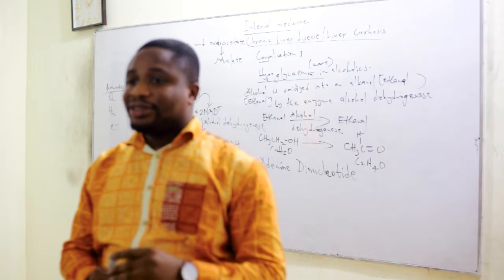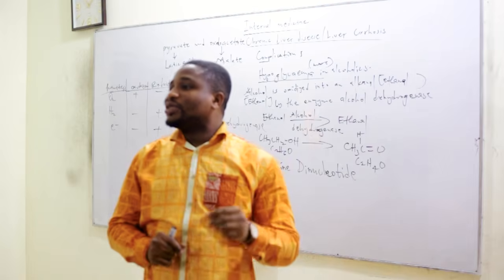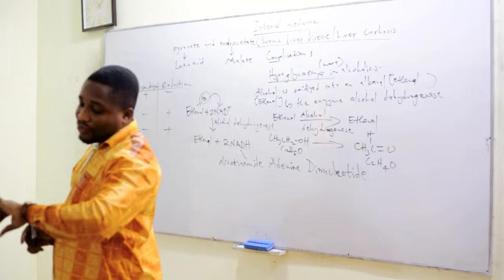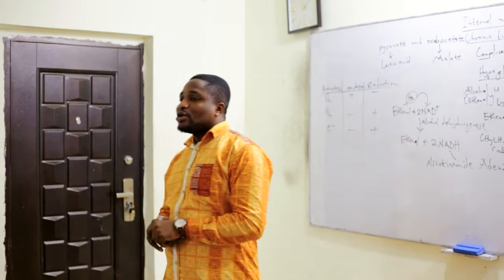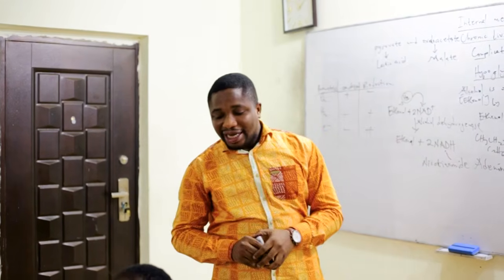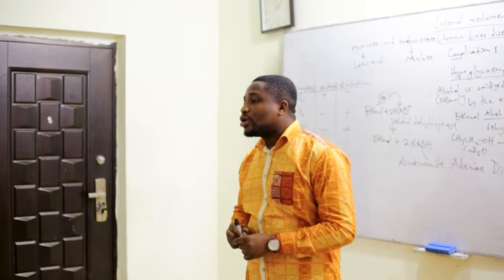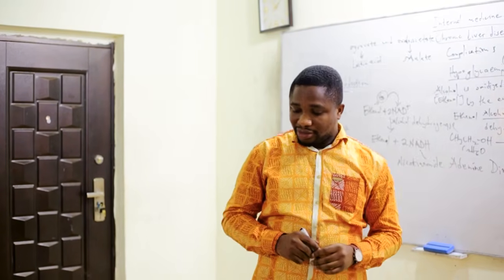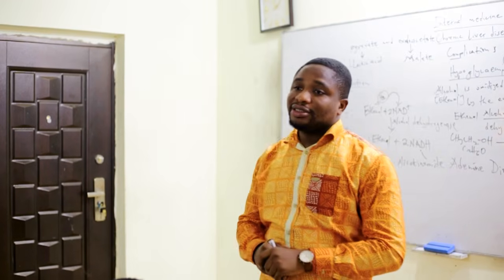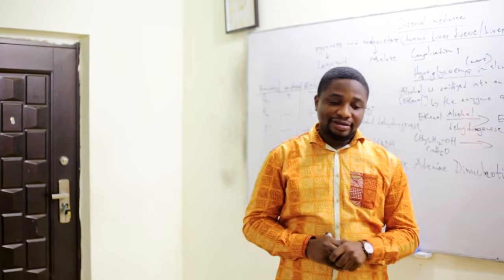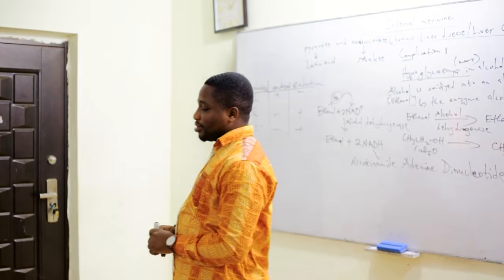Pyruvate and what? Oxaloacetate. So this depletes the stores of pyruvate and oxaloacetate, which are considered as what? Precursors of gluconeogenesis. The resultant effect is what? Hypoglycemia. Is that clear? Yes. Okay.